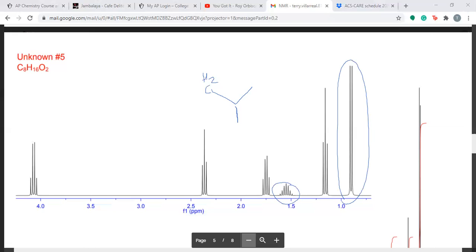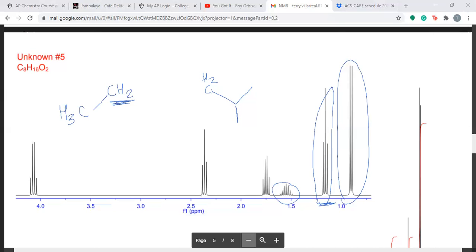So it looks like the CH3 is connected to a CH2, because that's the only thing that's going to give it that triplet splitting pattern. So now, how many neighbors does this have right now? 3, right? So it's going to produce what type of signal right now? A quartet.